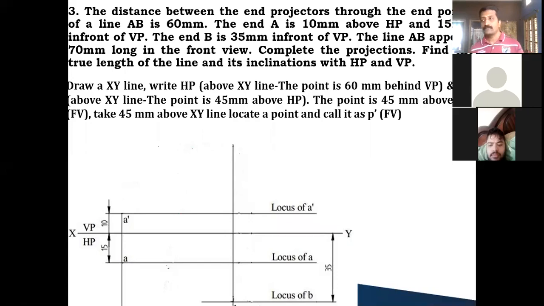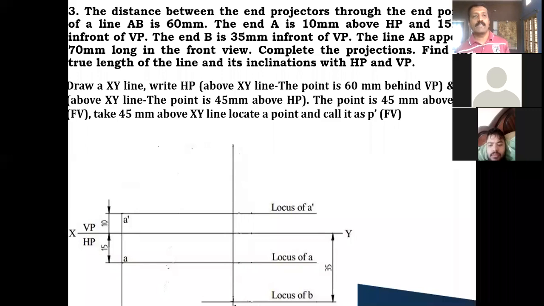So it is 60 millimeter. The end A is 10 millimeter above HP and 15 millimeter in front of VP. I'll draw an XY line, taking HP and VP. End A is 10 millimeter above HP, so I'll take 10 millimeter above the XY line, draw a horizontal projector line, call it the locus of A dash, and locate one point and call it A dash because it's a front view point.